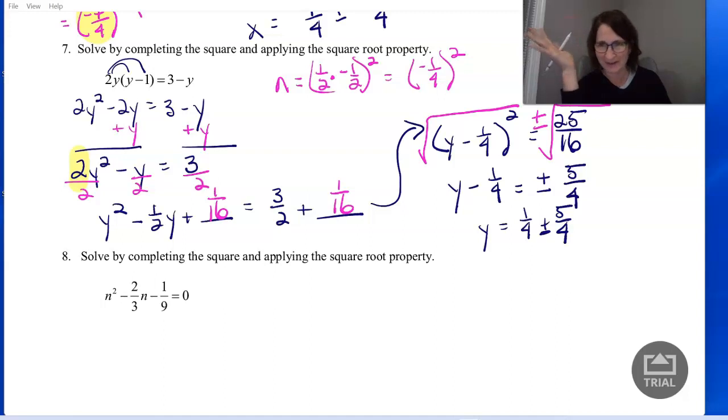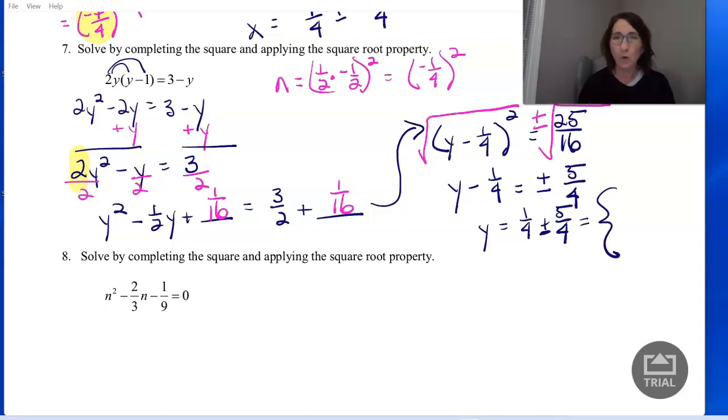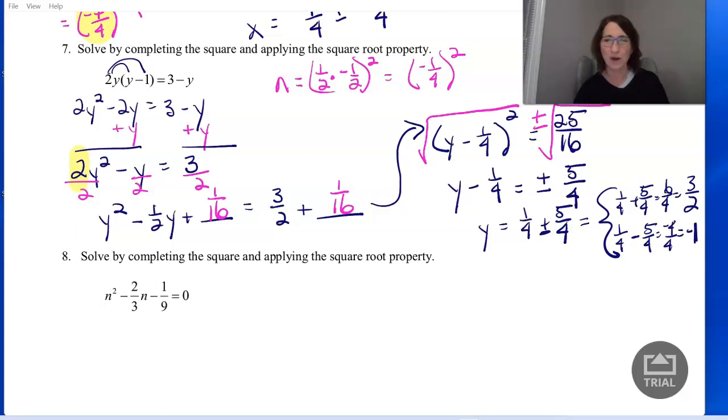There's no roots there, no radical signs. So this becomes 1/4 plus 5/4, which is 6/4 or 3/2. That's one of my values for y. And then I've got 1/4 minus 5/4, which gives me a negative 4/4, which is a negative 1. So those are my two values.